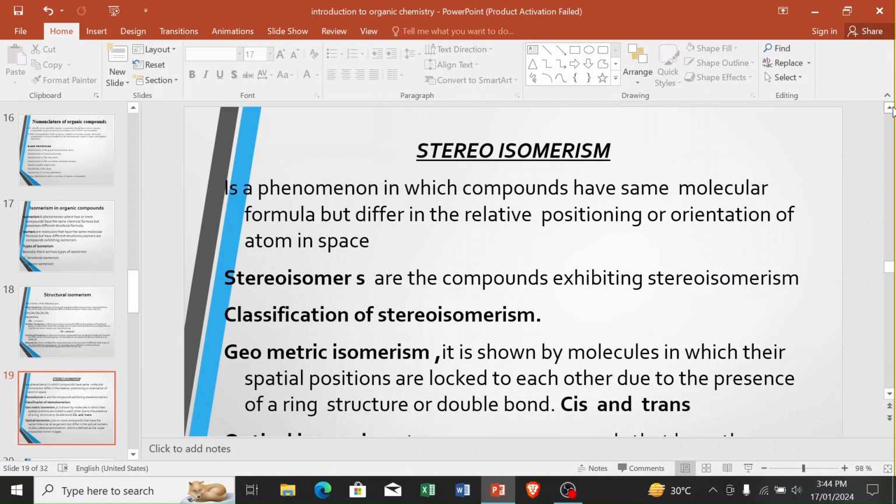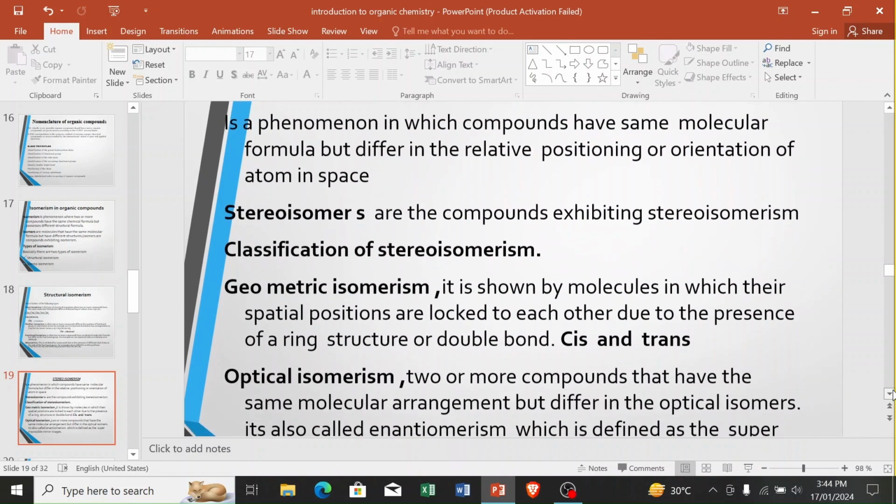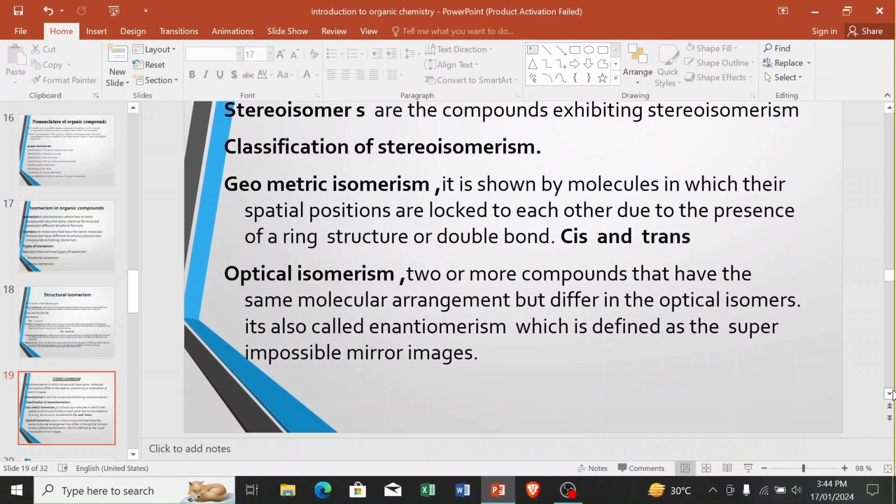We have examples of cis and trans compounds. And then we have optical isomerism, where two or more compounds have the same molecular formula but differ in their optical properties. It is also called enantiomerism, which is defined as non-superimposable mirror images.